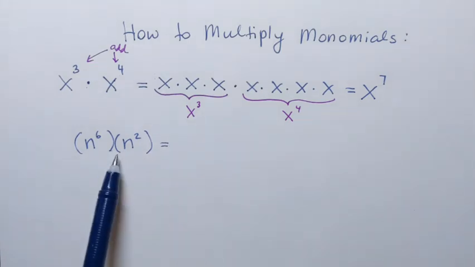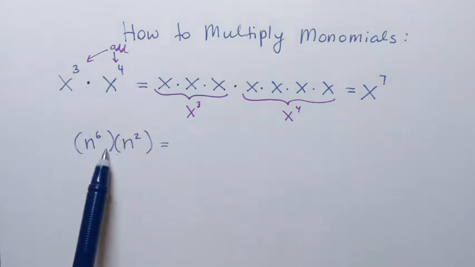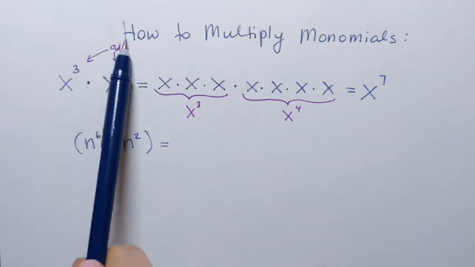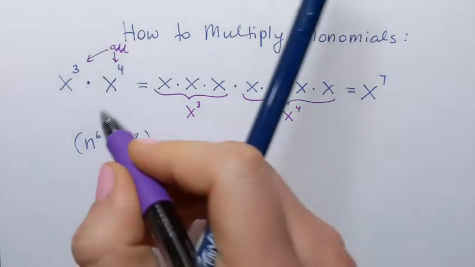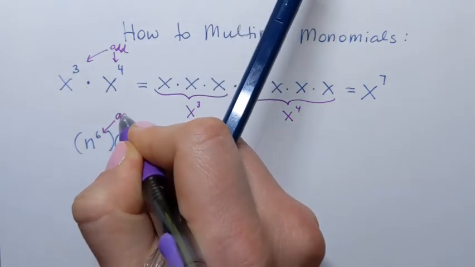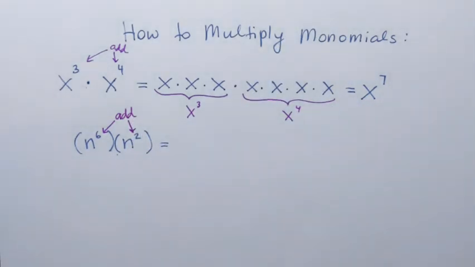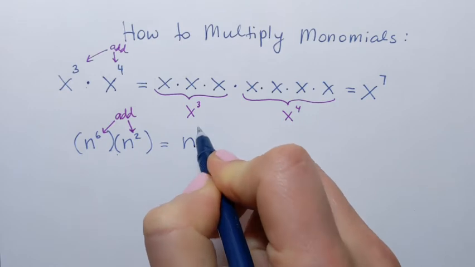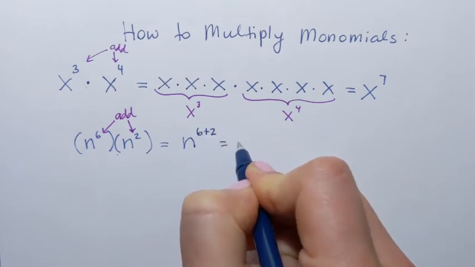Well, now we're going to do it quickly because now we have this rule. So I have same variables that I'm multiplying, then I need to add their powers. So what is going to be the power of n? The power of n is going to be 6 plus 2, which is 8.